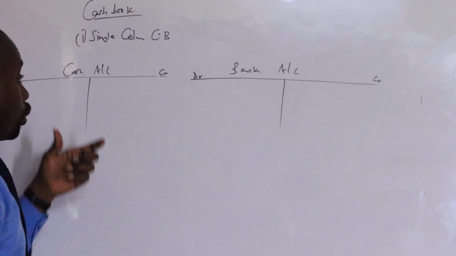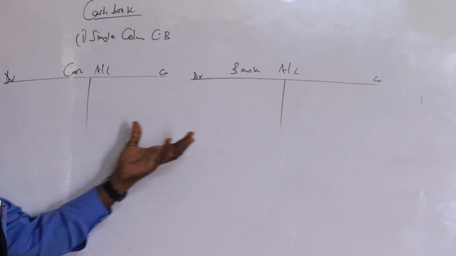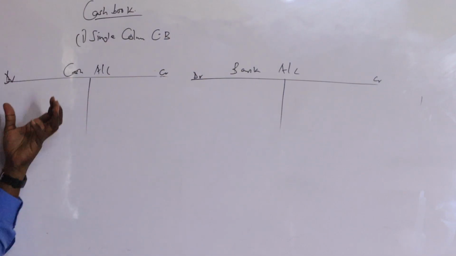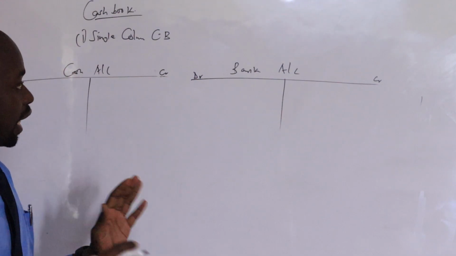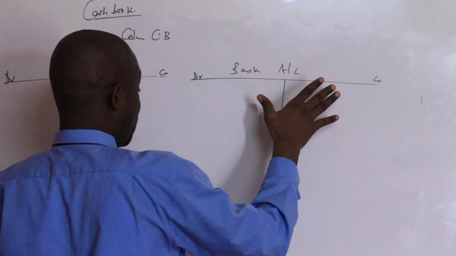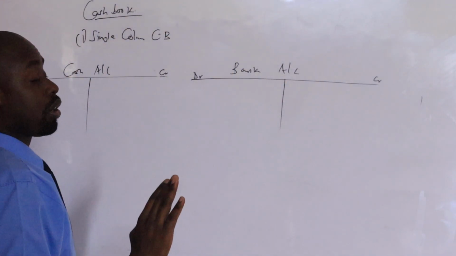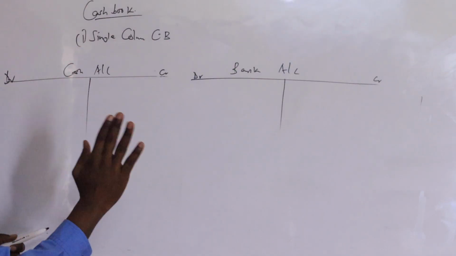So for single column cash book, we have a cash account and bank account on separate pages where anything paid in cash or received in cash is recorded in the cash account. Anything paid by check or received by check is recorded in the bank account. That's what we call single column cash book. We will not do any transaction on that.